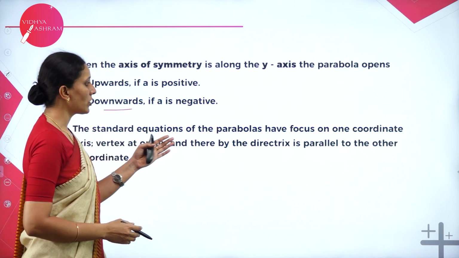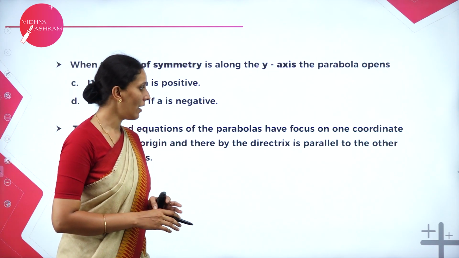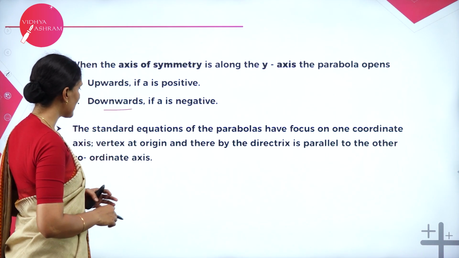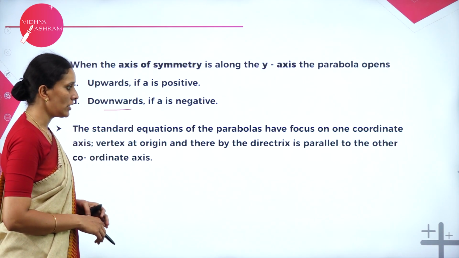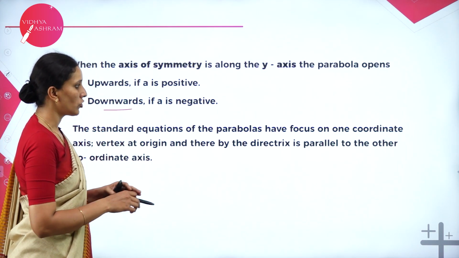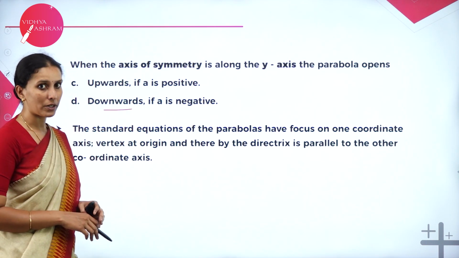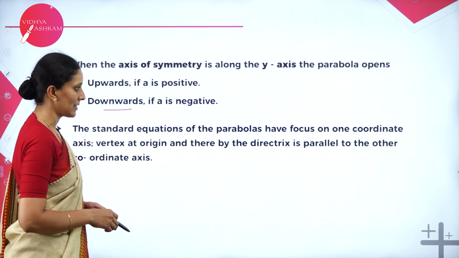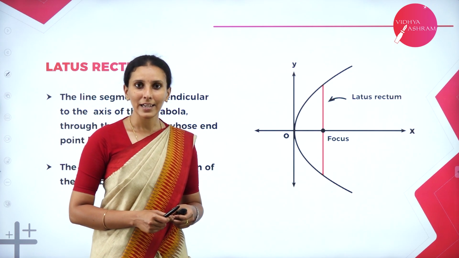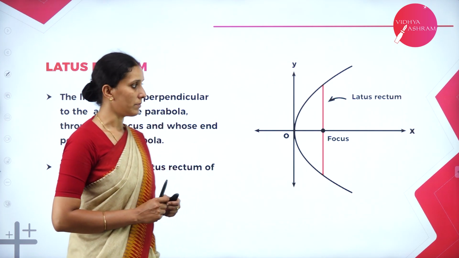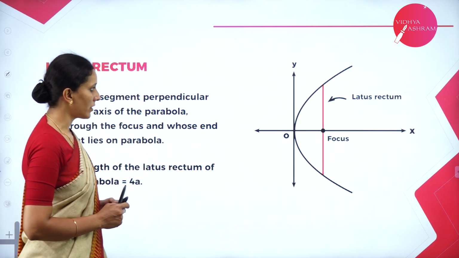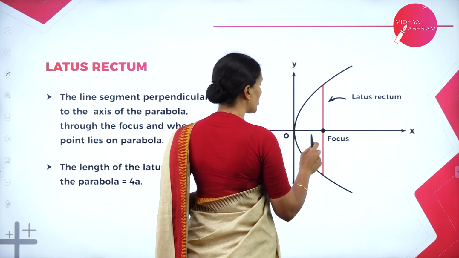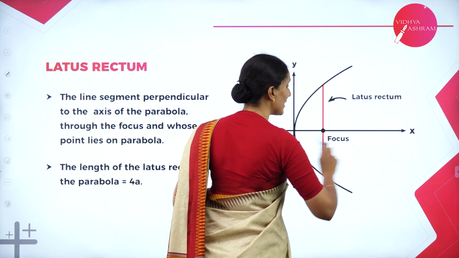So the standard equations of the parabola will have one coordinate axis, vertex at origin, and directrix which is parallel to the coordinate axis. Next we have a line segment called latus rectum. So what do you mean by this latus rectum? A line which is perpendicular to the axis of the parabola.